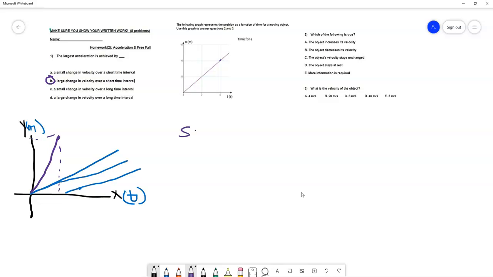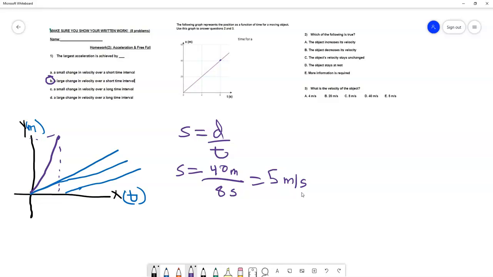So remember, speed equals distance divided by time. So your speed, what is your distance? Your distance is 40 meters. And your time is 8 seconds. So 8 times 5 is 40, so it's 5 meters per second.